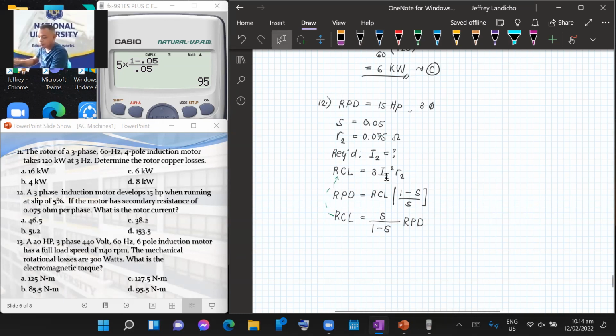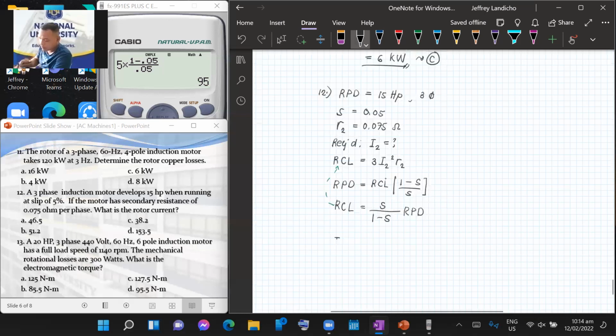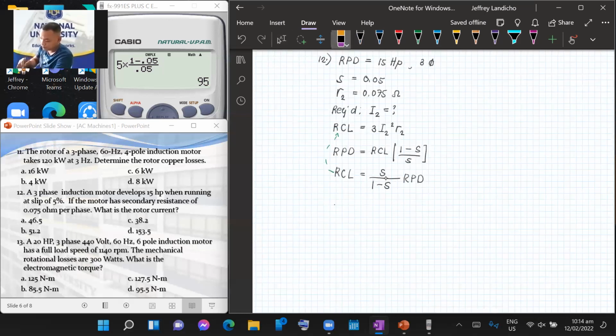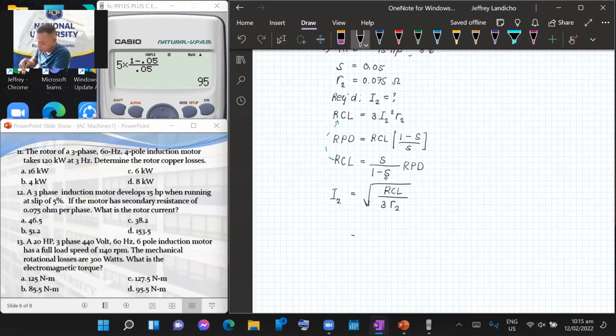So, ito na lang ngayon yung isa-substitute natin dito. Masosolve na natin si rotor's current. So, pwede ko nang diretsuhin. Lalabas na yun that the rotor's current I2 is just simply the square root of RCL over 3 R2. Okay? So, kuha na, kapatid. You have the square root.